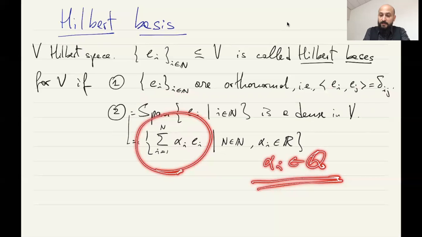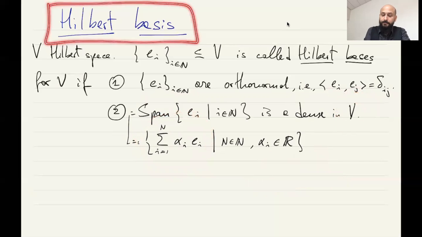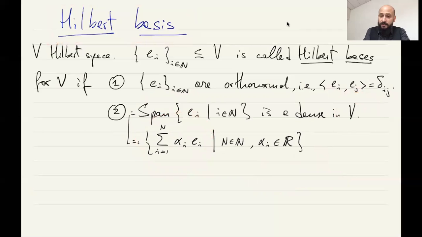Which means that for V to have a Hilbert basis, it is necessary that V contains a dense countable set.